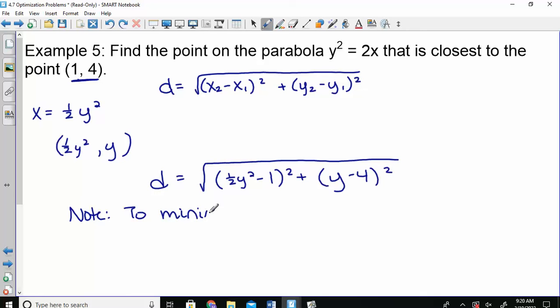If I want to make d as small as possible, that's really the same thing as making d squared as small as possible. So if I want this to be tiny, we could just find when d squared is as small as possible.